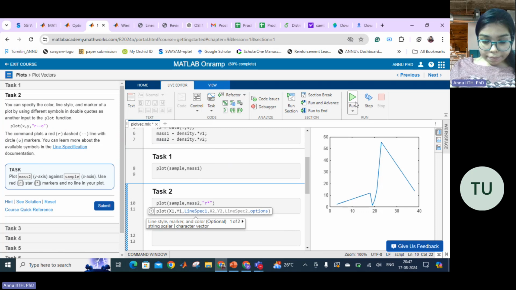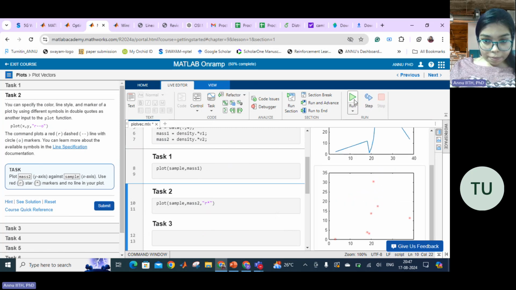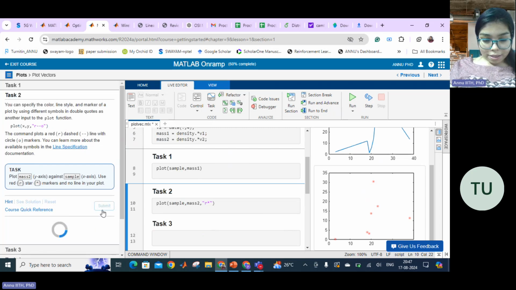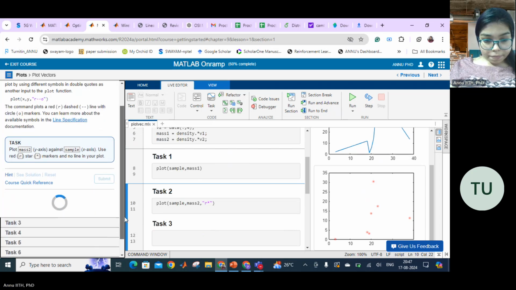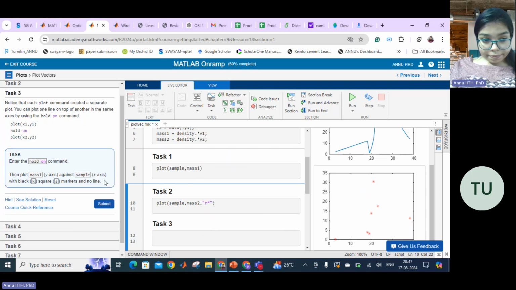Let's first run this to see whether it plots. Oh, that's great, it is plotting in this way. Now, submit. Let's go to the next task.